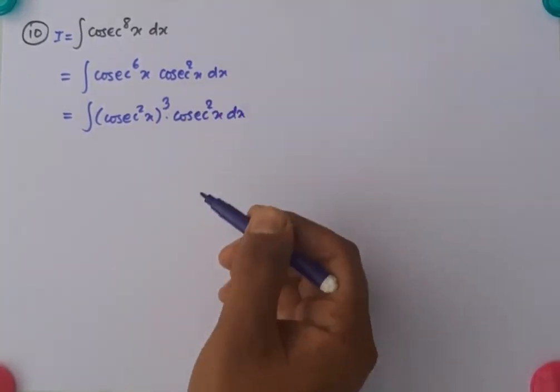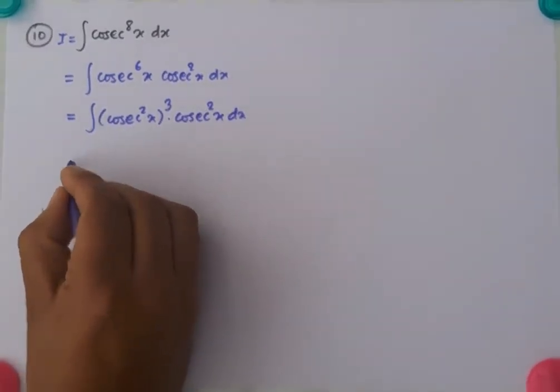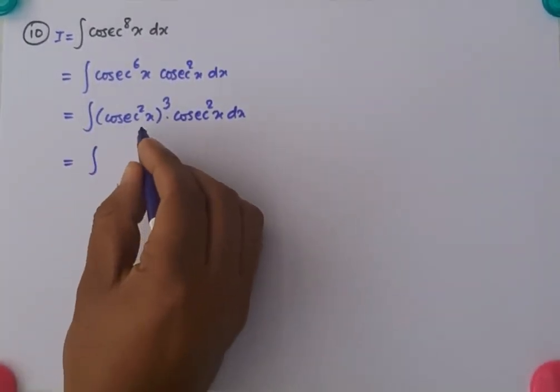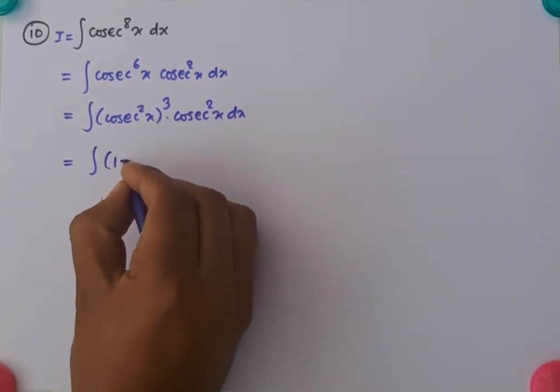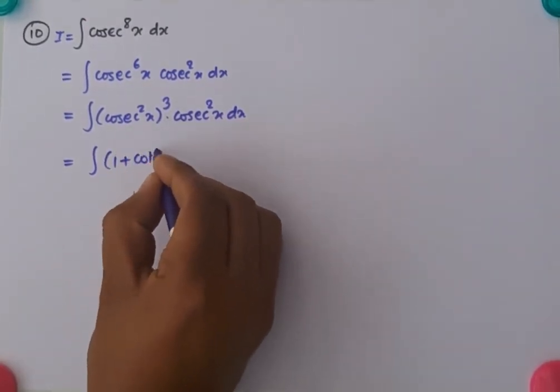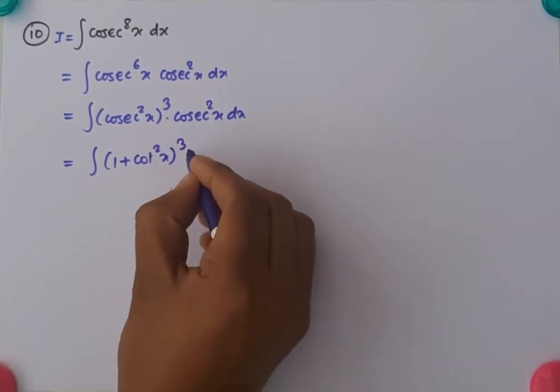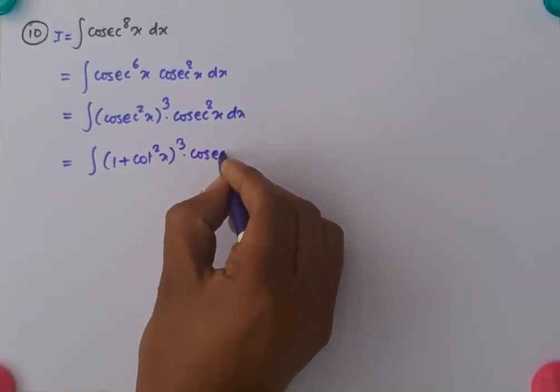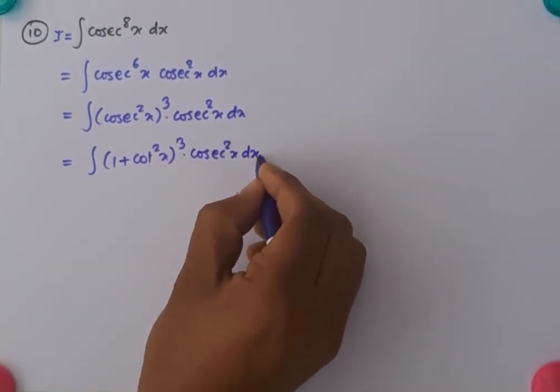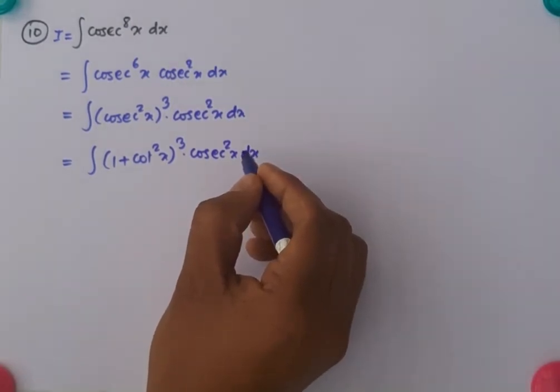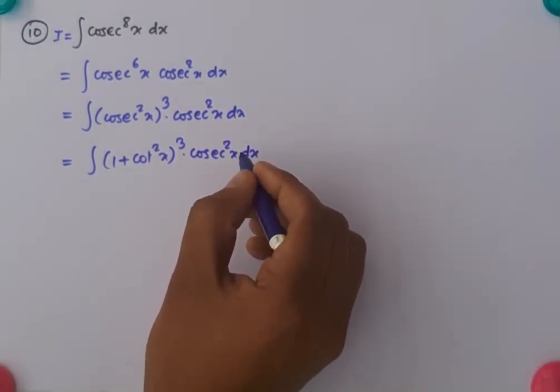Can I do that? Yes, this is also allowed. Now we know that cosec square theta can be written as 1 plus cot square theta. So let me write this as 1 plus cot square x whole cube into cosec square x dx, right? Okay, so we can put the substitution here, I guess.